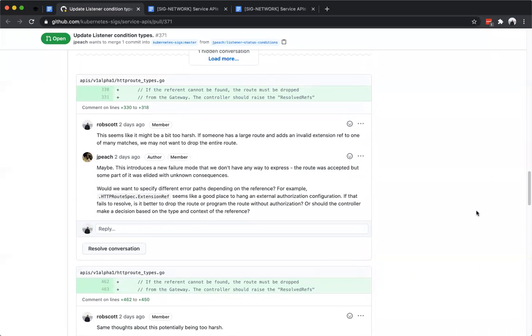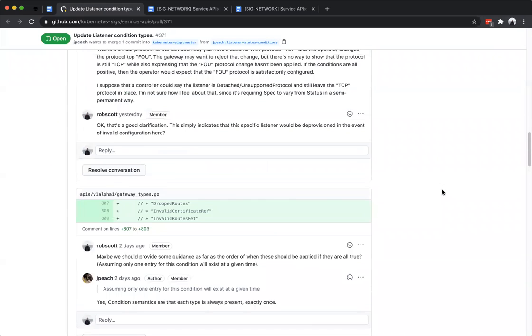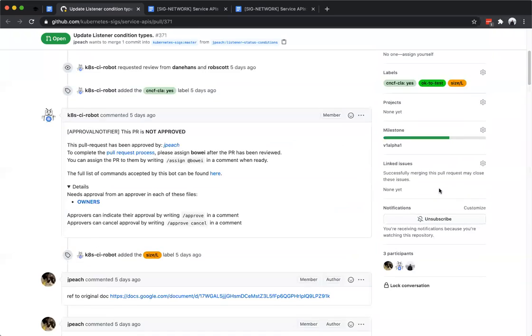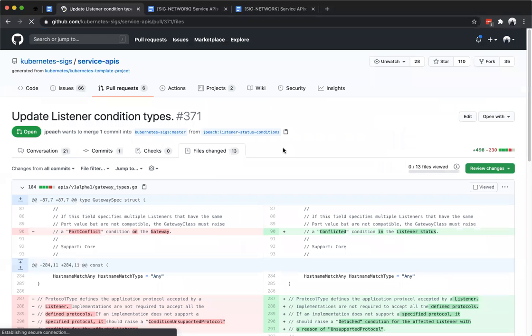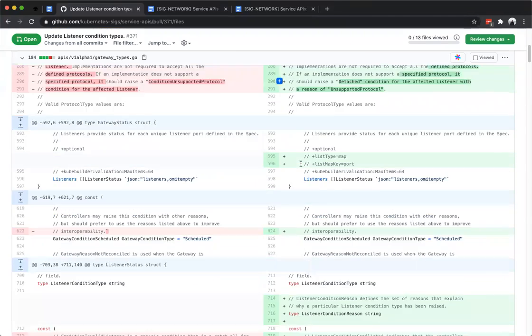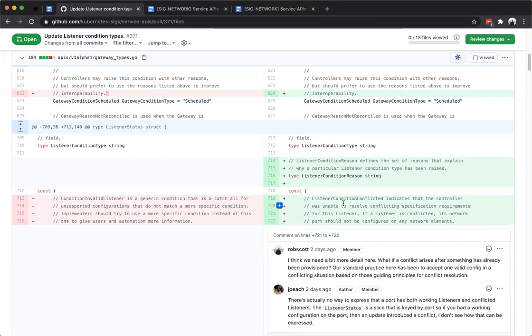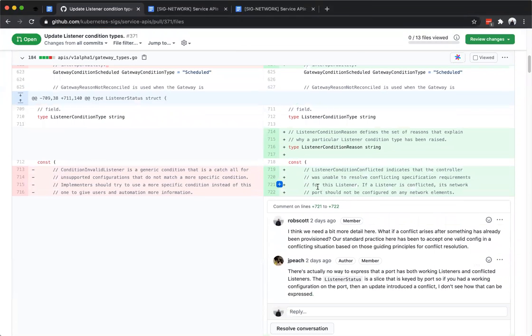Is anyone hesitant about this? I know there's a lot in here. I don't know if anyone else has gotten a chance to look at this PR quite yet. I think this does match the conditions we talked about before, and the vast majority of the discussion we had today, what I think is important, is about what we do when something becomes invalid.